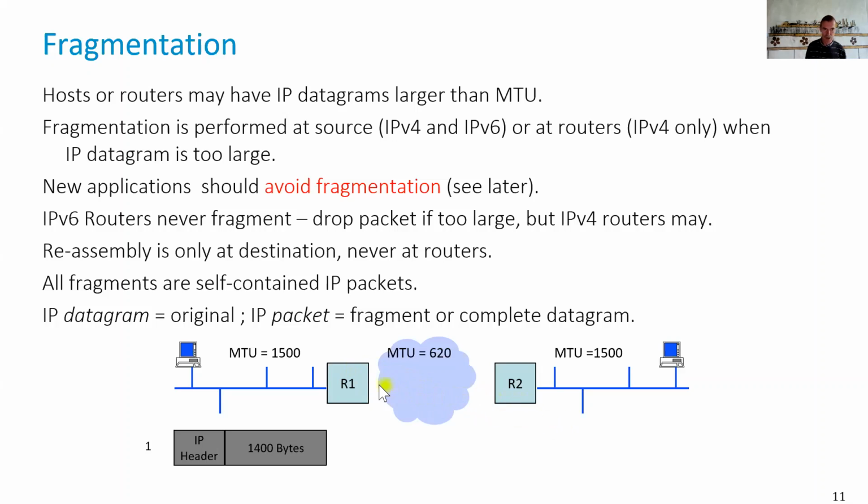So if that happens, we will need what is called IP fragmentation. IP fragmentation, in the example I gave, would occur at router R1. If this host sends a packet that is too large, and if the router supports fragmentation, it will fragment it.